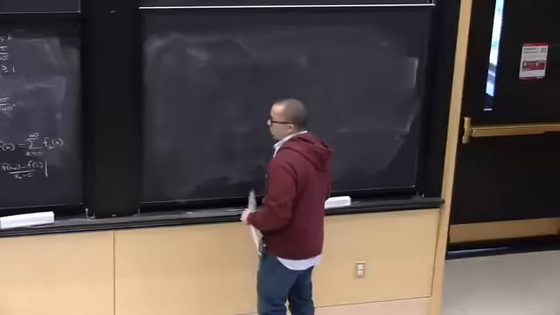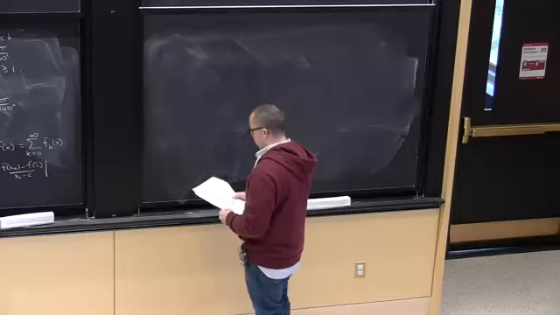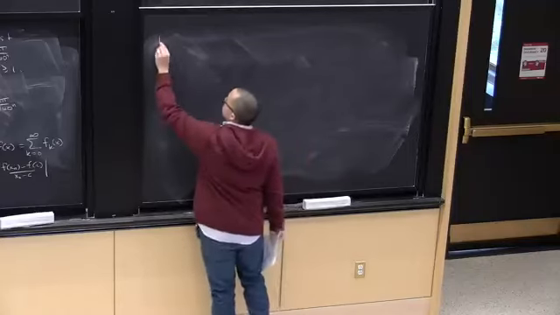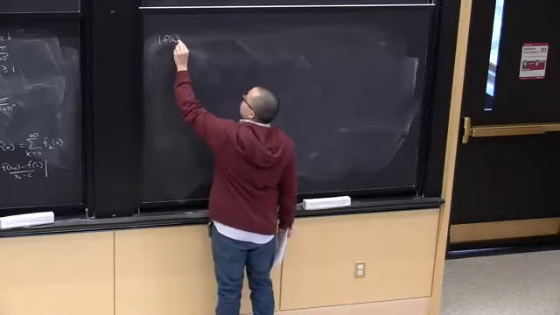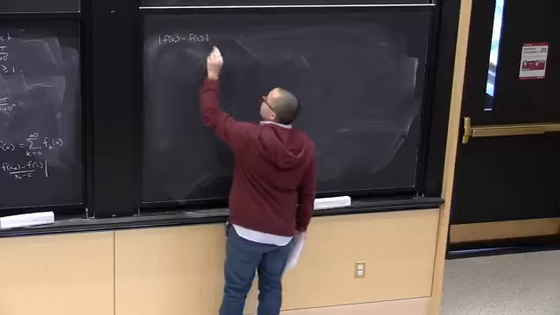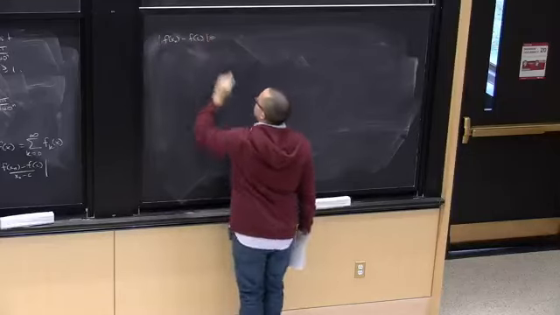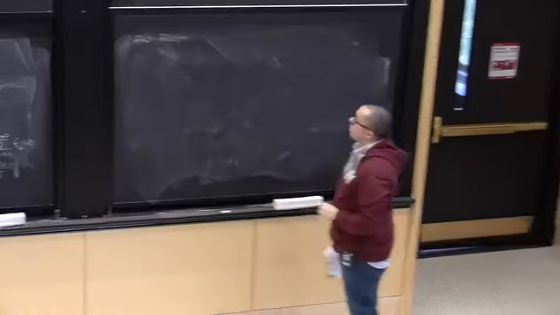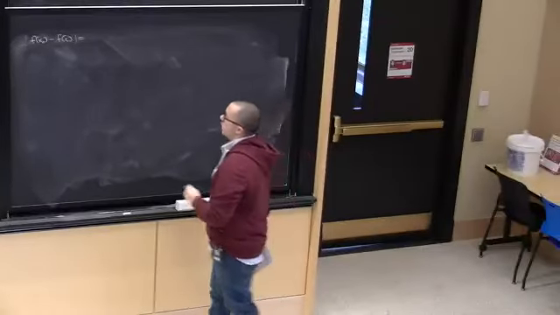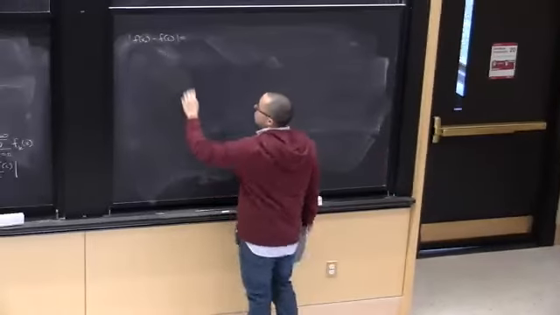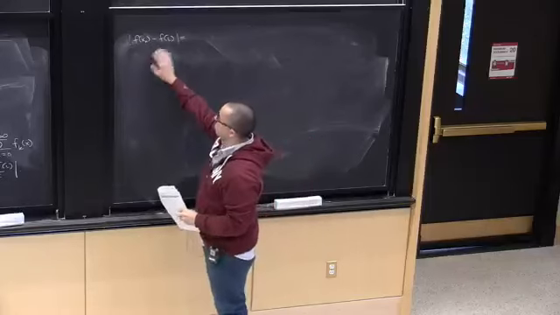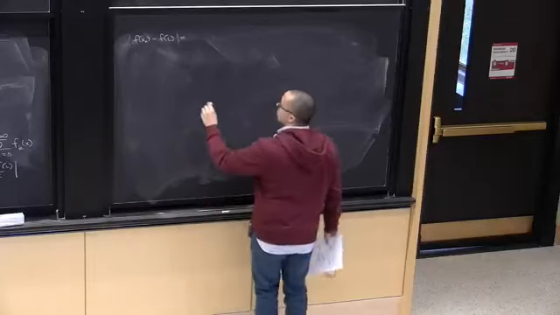So let's look at the absolute value of f of x n minus f of c. Let's split it up as a sum. All of these are equal to the sum of f sub k.